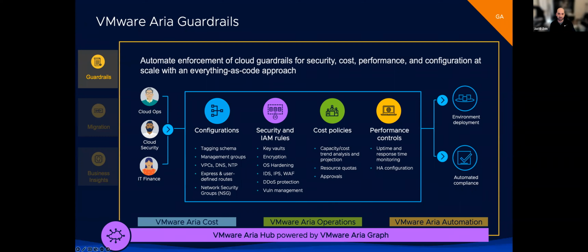That is considered a drift. If there is a cost drift, a security drift, an IAM policy or rule drift, if security groups don't match, and if the services I'm consuming don't match the user or the policy or the project or the app, whatever, I can report on that. And one step further, I can then enforce it automatically.